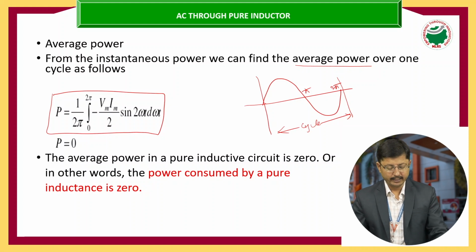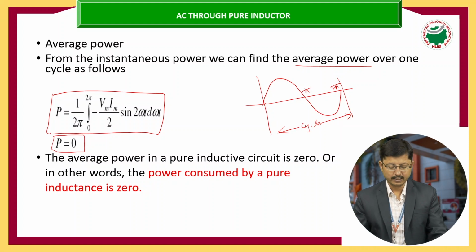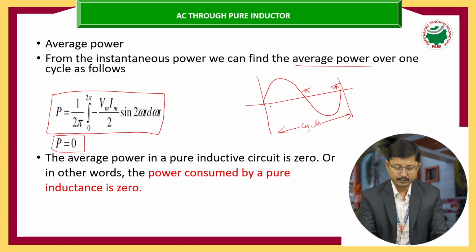If we integrate and simplify this, we finally get the power as 0. The power is 0 because it is fluctuating in nature, so the average power over a period of time is 0.